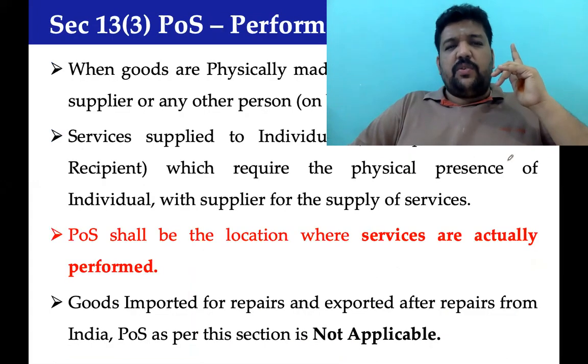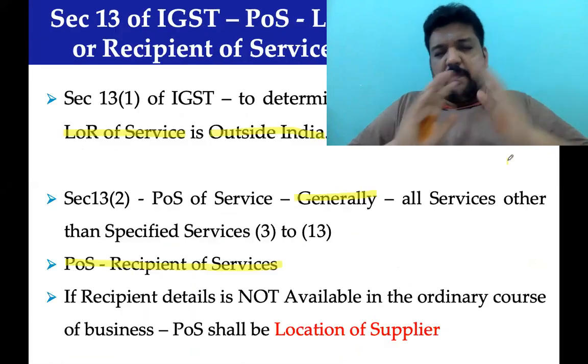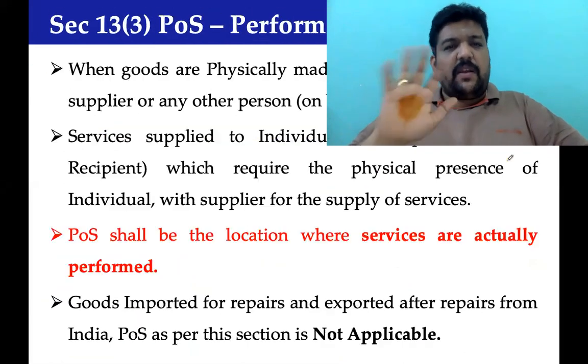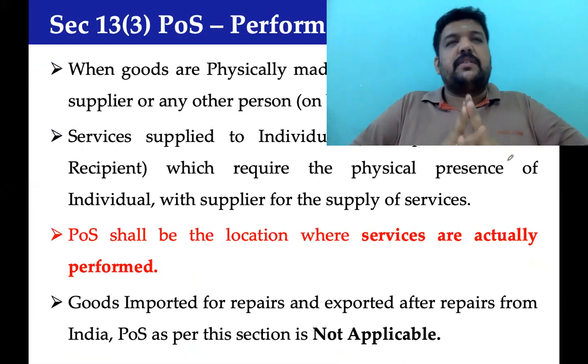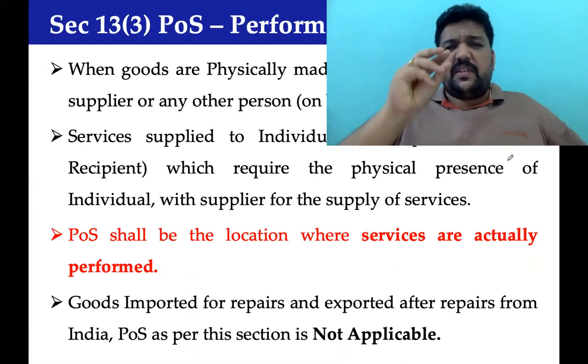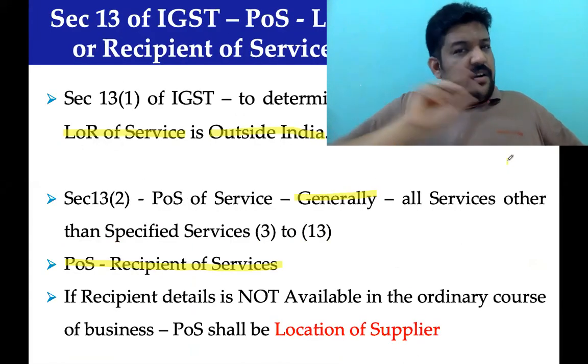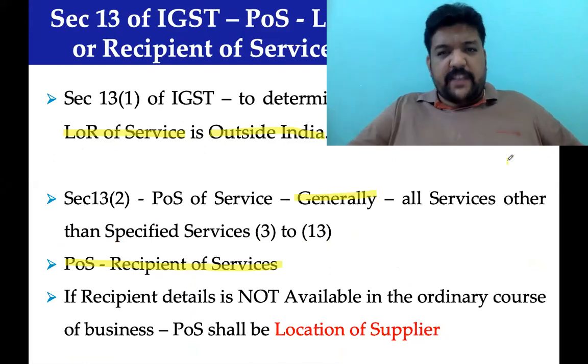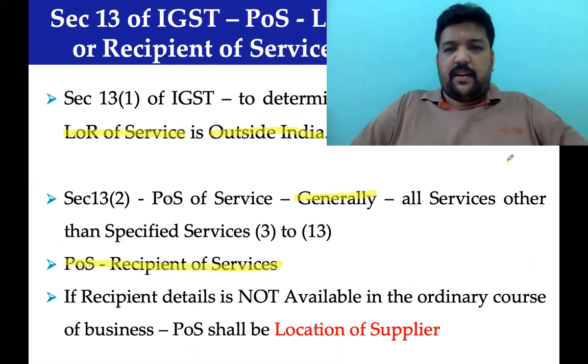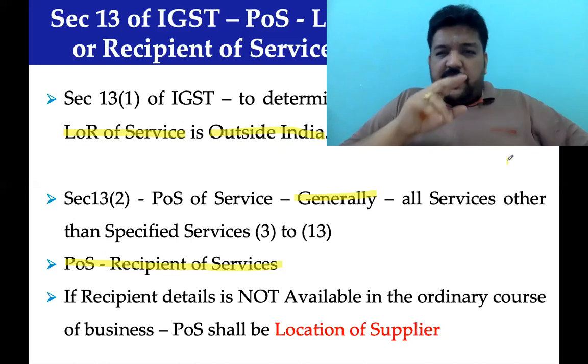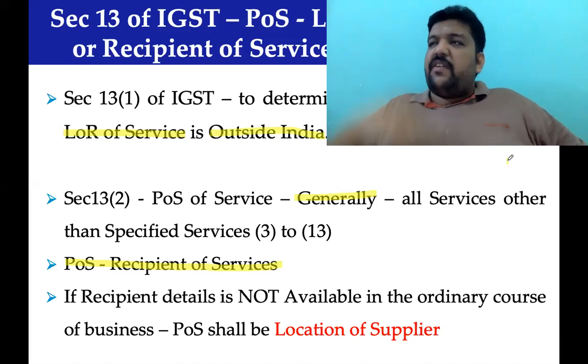When it comes to this discussion, a little important discussion is the first one, performance-based services. If a service is not covered by the specified list, then only you can use general. My humble request, it is not that after 3 we will go to 4.